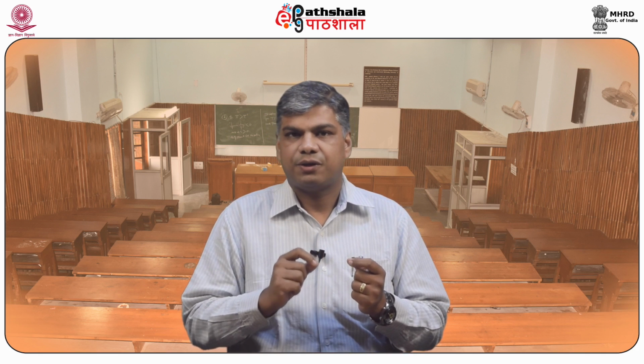When the incident frequency mu, that is the frequency of the light wave, is greater than this threshold frequency mu naught, which is a characteristic of the metal, the ejected electron has a kinetic energy KE given by KE is equal to h mu minus W, where W, as defined above, is the work function of the metal surface. This is found to vary linearly with the frequency of the incident radiation, but in contrast to the wave picture of light, it is independent of the intensity of light.